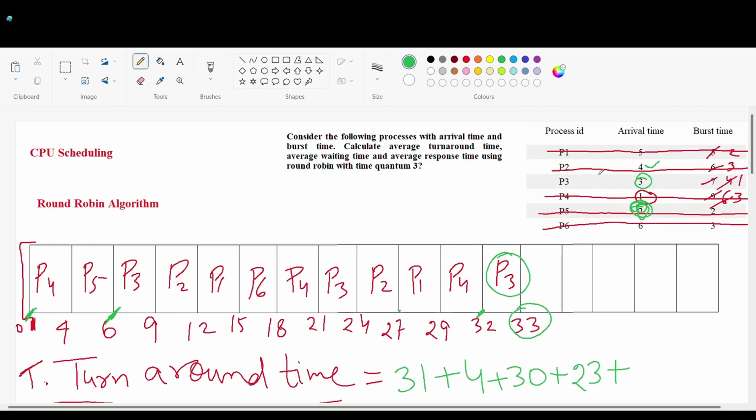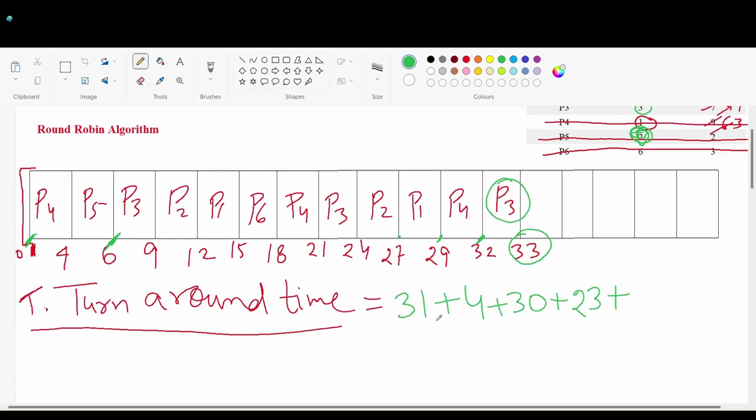Now P1 enters into the system at 5 and exits from the system at 29. So the total time taken by P1 is 24. Then the last, P6, enters into the system at 6 and exits at 18. So 18 minus 6 is 12, right?